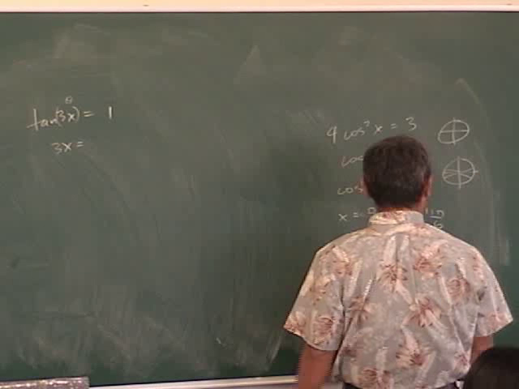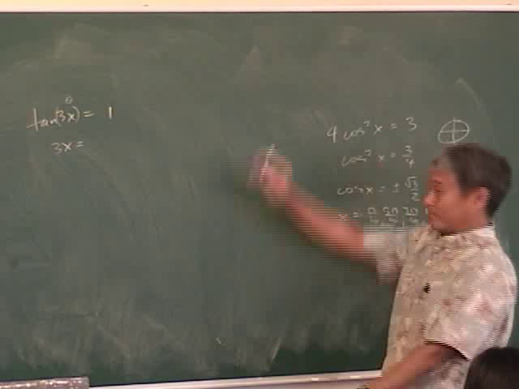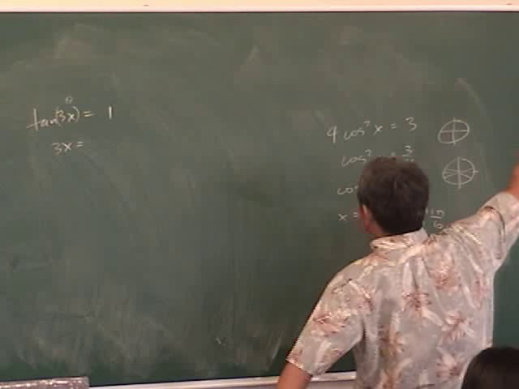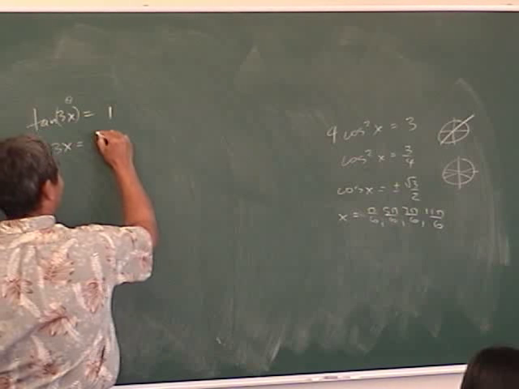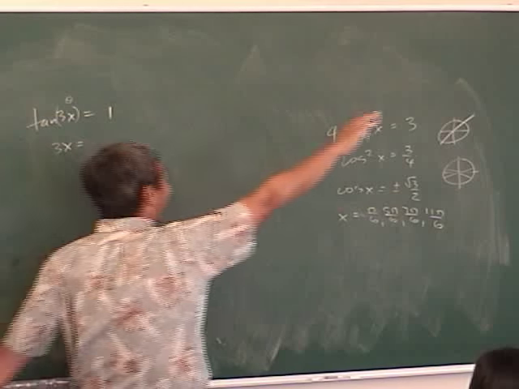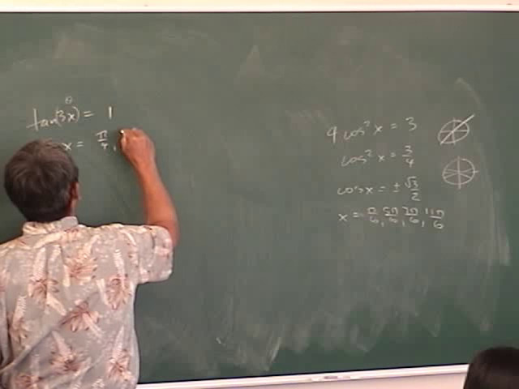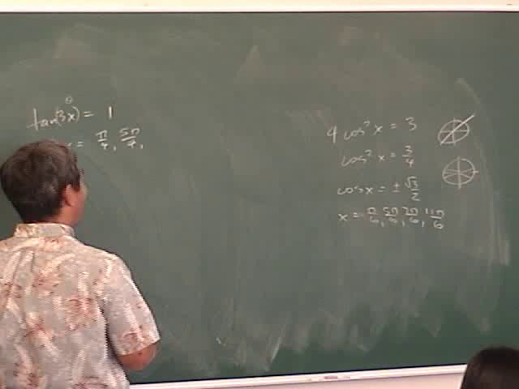So tangent x equals 1: where is that? Pi over 4 and 5 pi over 4.